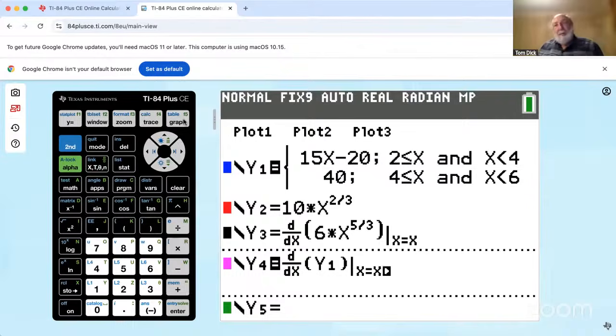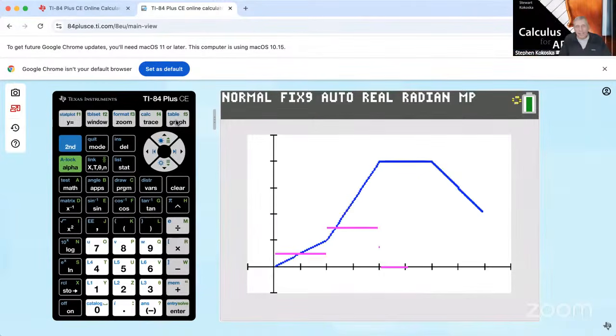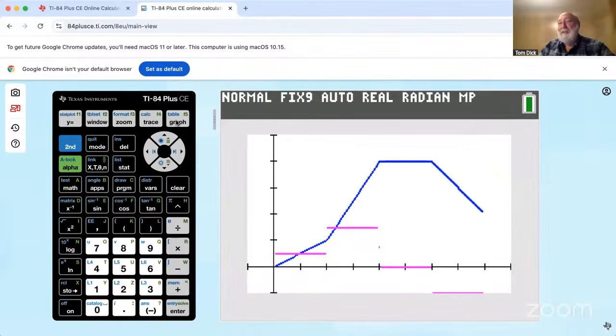And people should keep in mind that the numerical derivative is really doing a difference quotient. And so what would be really interesting is, what happens at those sharp corners in that graph. That's probably what you were anticipating. So let's take a look, see what it does. Okay. There's our original. How about that? It did a pretty nice job.